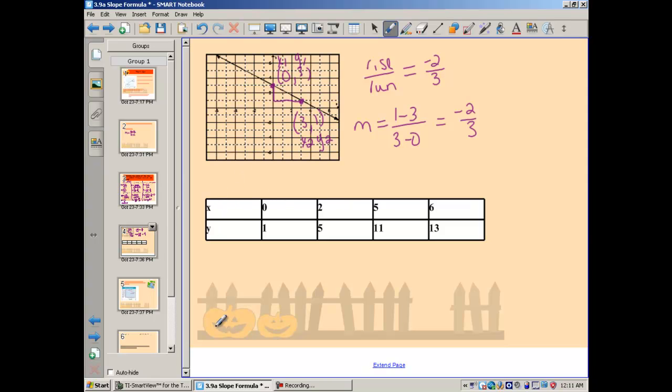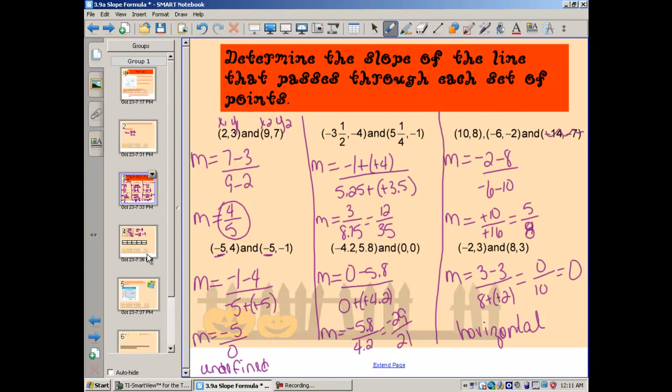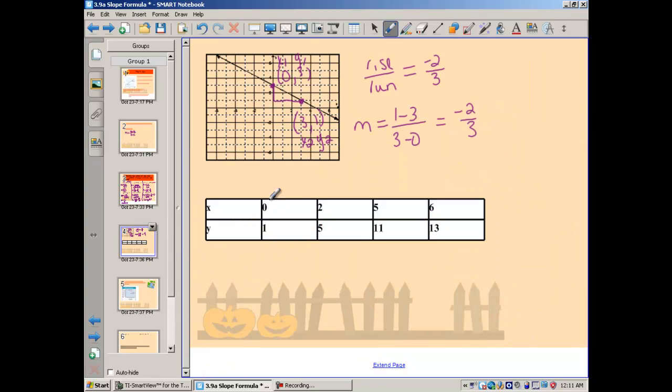Next one, we're going to find the slope from a table. Tables are awesome because they give you the points already in the table. Here's a point, here's a point, here's another one, and here's another one. It's just like this problem, where you can pick any 2 points that you want. I'm going to use this one and this one. They're the first 2 I see. This one's my x1, y1. This one's my x2, y2.